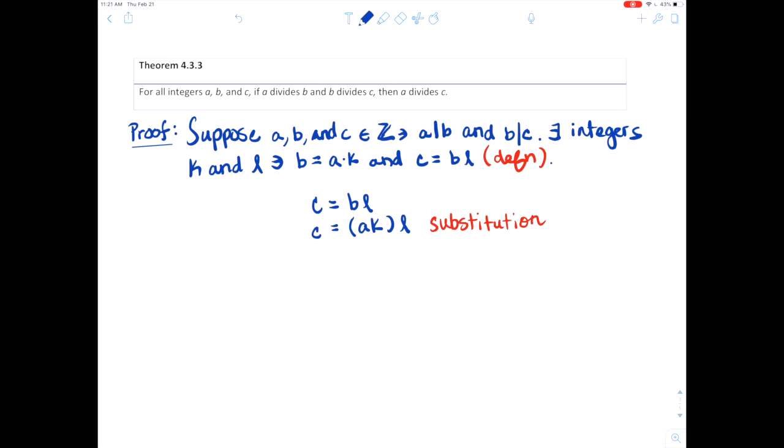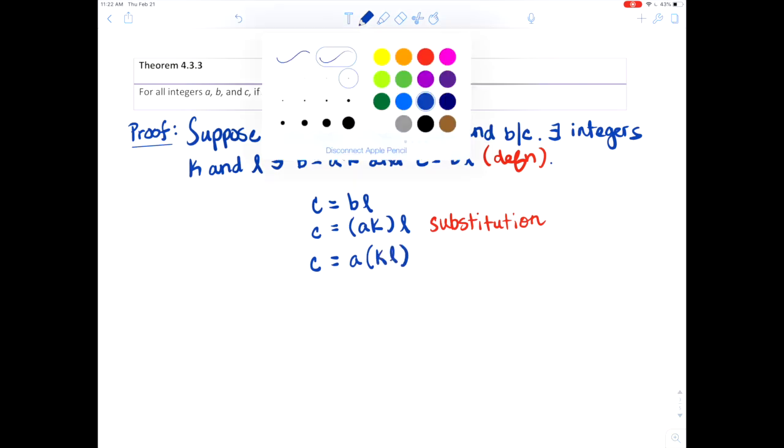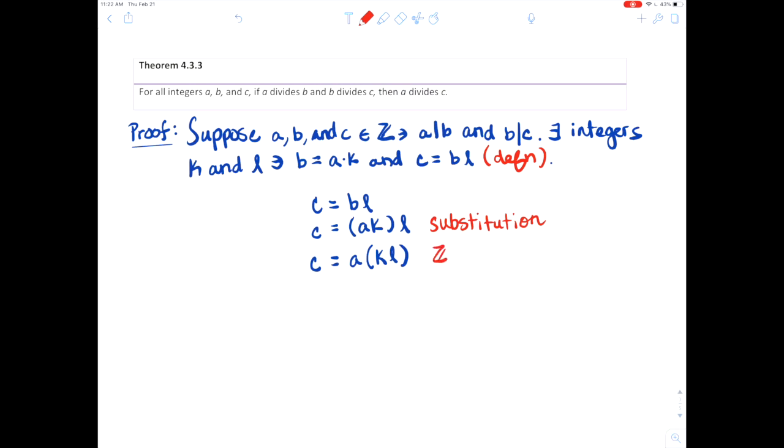All right. What do we know about the set of integers? The set of integers is associative, right? So I can write c as a times k times l. And that's because the set of integers is associative under multiplication.